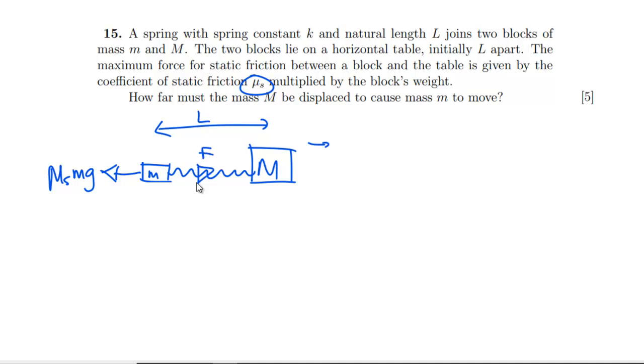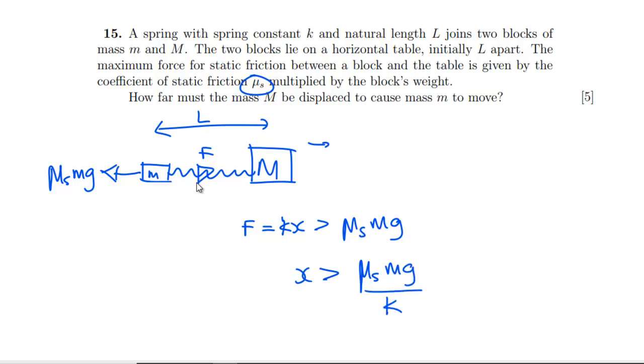So we need the F, which is equal to spring constant k, so kx, because we're wanting to move it by an amount. That needs to be greater than mu s mg. So x has got to be greater than mu s mg over k. Another 5 marks for that.